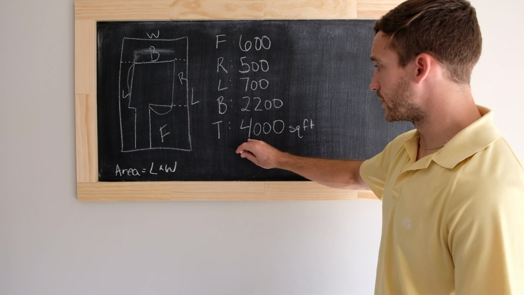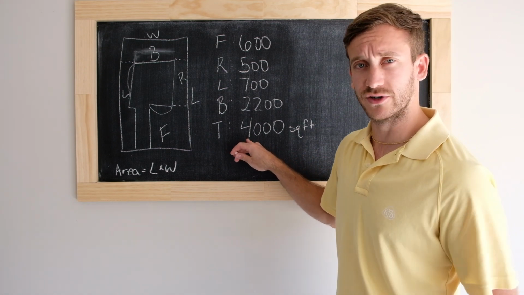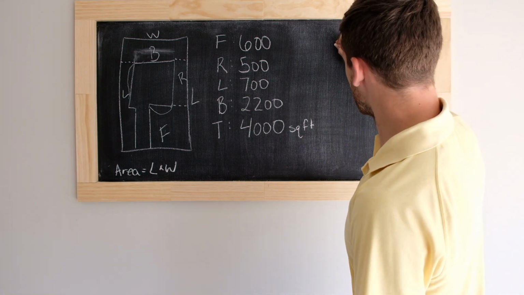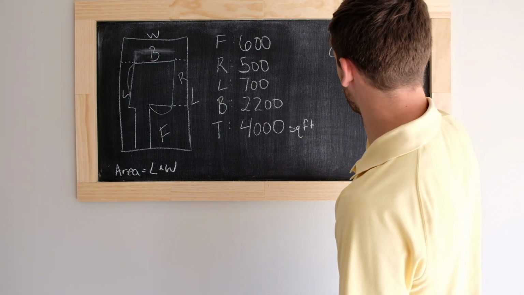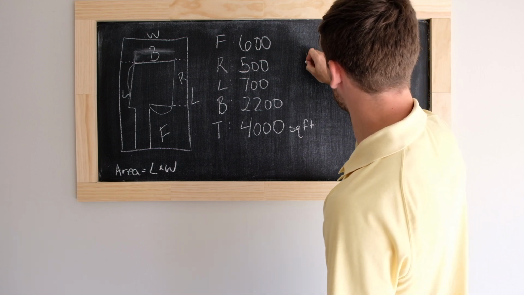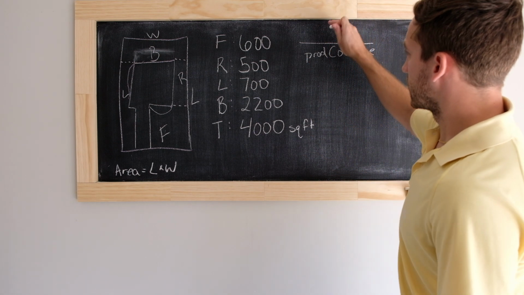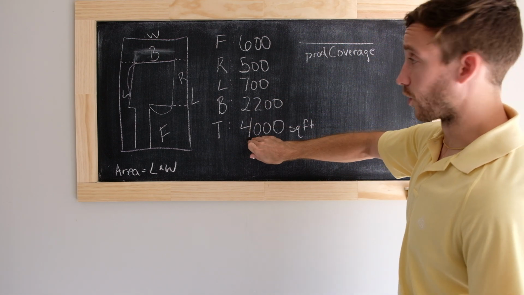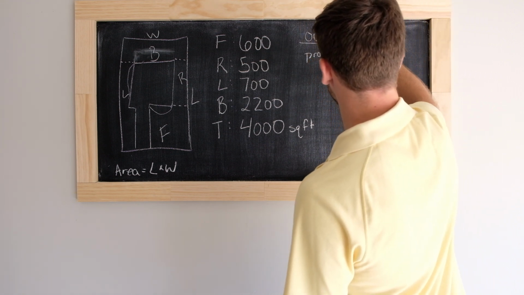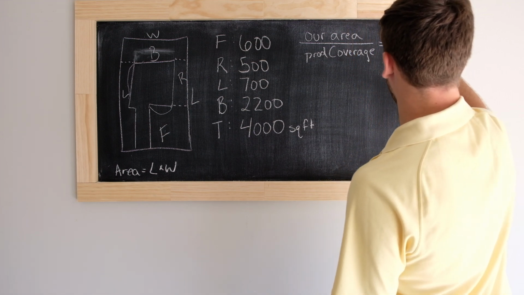So what we want to do is check and see how many particular bags or containers of that product we would need. So we have the coverage area for the product. So we'll label that product coverage area. And then we have our area, and the quantity.